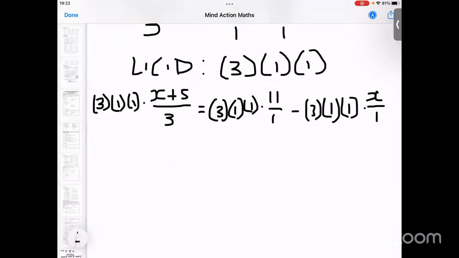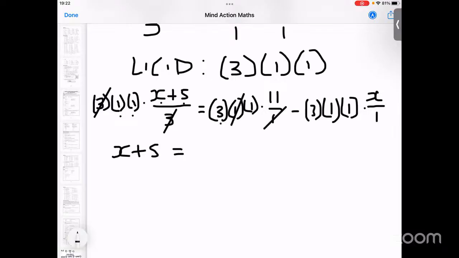You will notice that this will cancel with that. You've got 1 that multiplies 1, which is just 1, and it multiplies the whole of that, so it remains as x plus 5, which equals, then this one cancels with that one.